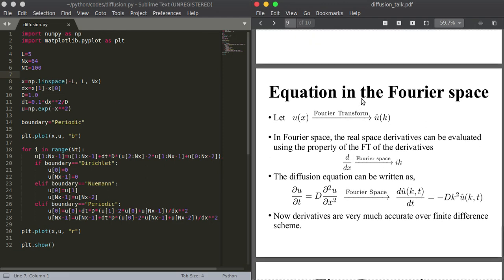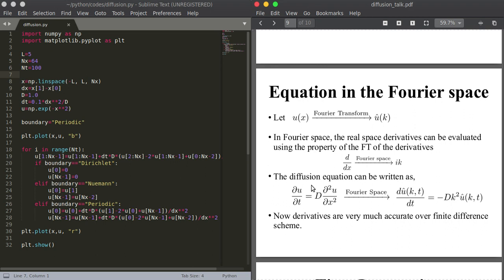Okay, so the spectral method is this: when you write the diffusion equation in real space, we have seen the form, it involves the real space derivatives of the unknown variable u.